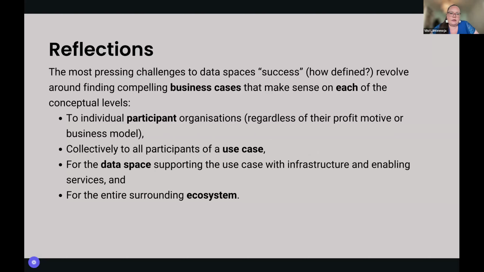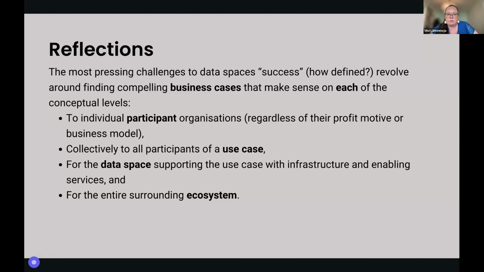And then the other point that I wanted to highlight here was that the most pressing challenge is whether data spaces succeed, which I'm not sure I know how I would define the success of data spaces, but the most pressing challenges, in my experience, revolve around finding compelling business cases, not just use cases, but business cases that make sense on each of these conceptual levels.